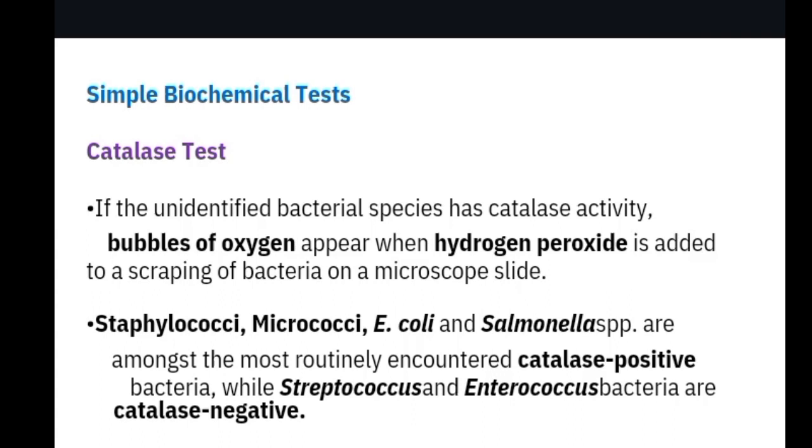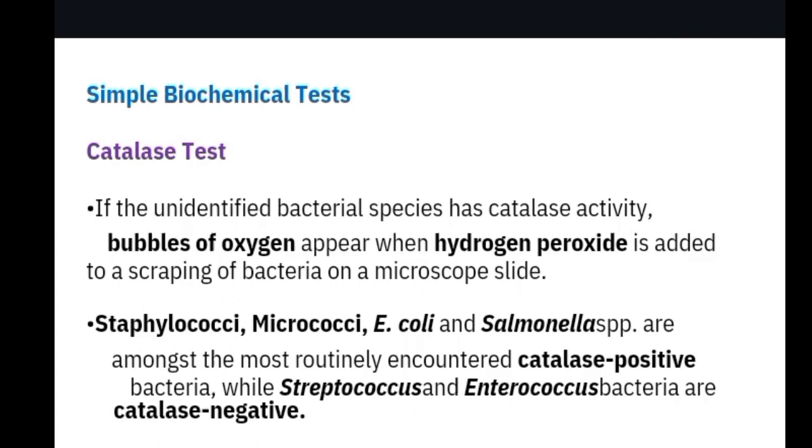As we discussed spore, agar culture, staining and staining methods for identification of microbes, the third one is simple biochemical tests, which include the catalase test, oxidase test, etc. What is the catalase test?